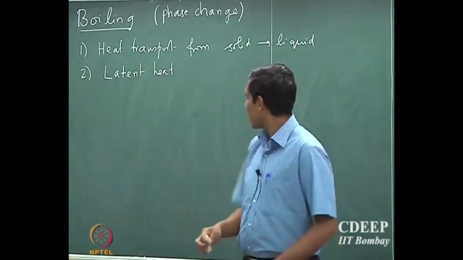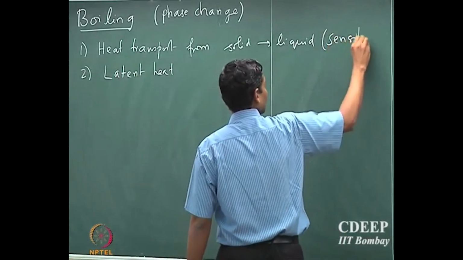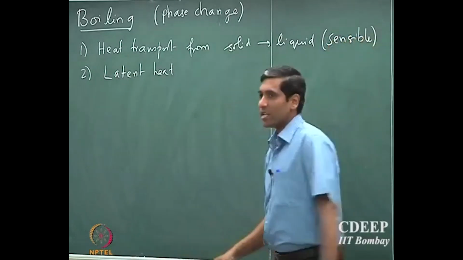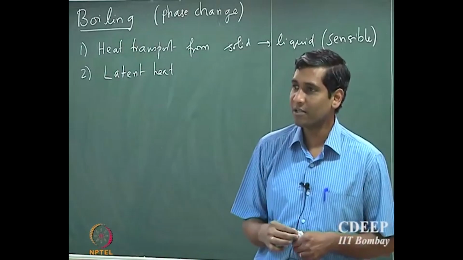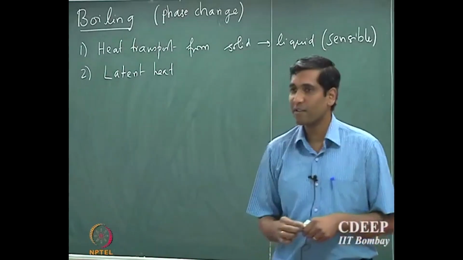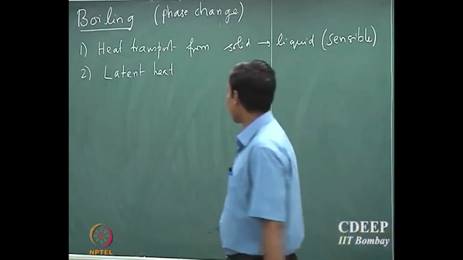It is not just the sensible heat that controls the heat transport process, it is also the latent heat of the fluid that controls the net amount of heat that is transported.